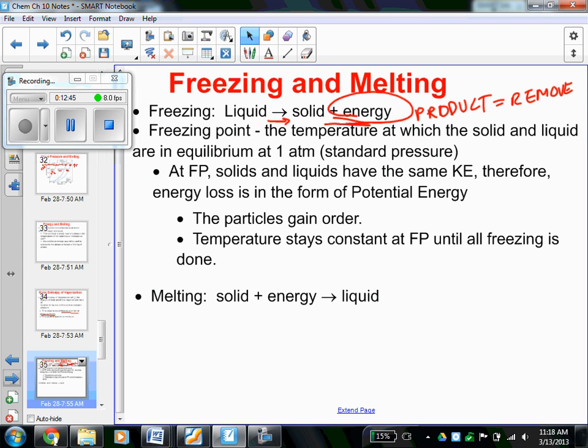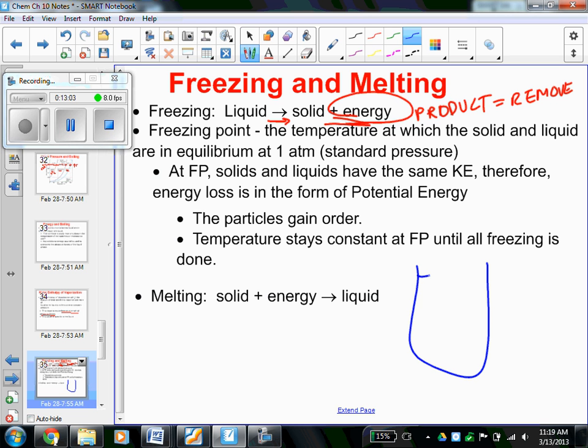But anyway, the freezing point is the temperature at which the solid and the liquid are in equilibrium at 1 atmosphere. Same definition as before, but this is where the solid and the liquid are at equilibrium. So at 0 degrees Celsius for water, I can have a glass of water with ice cubes in it, and if I put it in a carefully controlled 0 degrees Celsius refrigerator, this ice would not melt, nor would the water freeze.